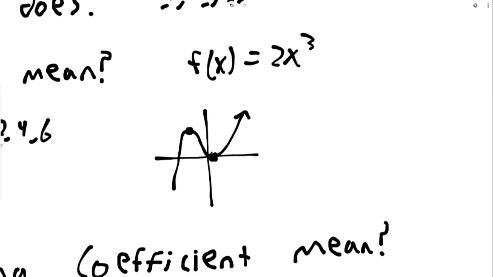By looking at this function, we can tell that it has to be at least power of 3, right? Because if it was power of 2, then it would start and end like this. It would only have 1 turning point. If it was power 1, then it would just go right through. So it has to be at least a power of 3.